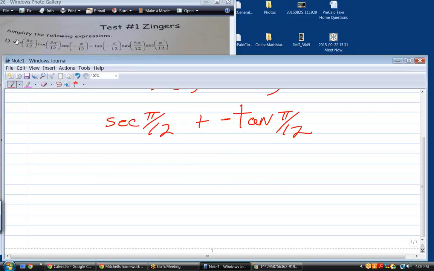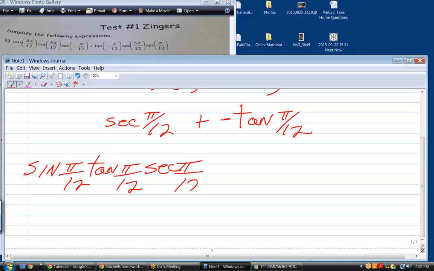What does that become? That's sine pi over 12. Next one, and then tangent pi over 12. This is already secant pi over 12. This plus minus becomes a minus.